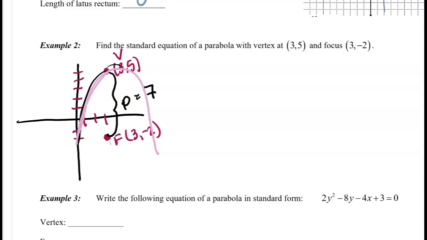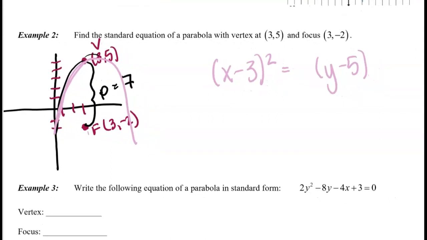So that means my x needs to be squared. Now, how do I figure out what goes here? Well, it's 4 times p. 4 times p is 28. But because it's opening down, I've got a negative.